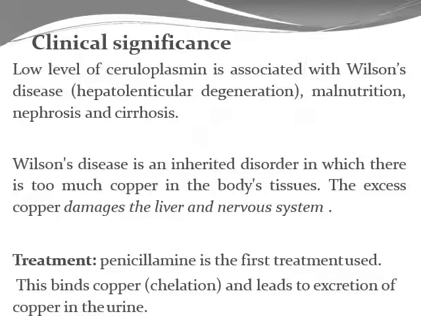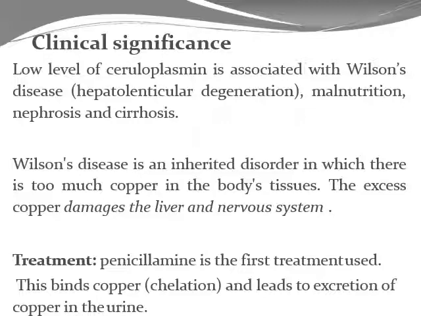Low level of ceruloplasmin is associated with more free copper, basically, and this may create a condition called Wilson disease, also known as hepatolenticular degeneration. It may cause malnutrition, nephrosis, as well as cirrhosis. Usually, Wilson disease is an inherited disease where there is too much copper in the body. Too much copper can be damaging to our liver as well as to our nervous system.